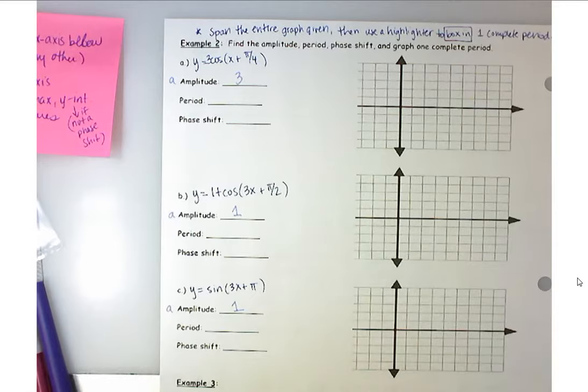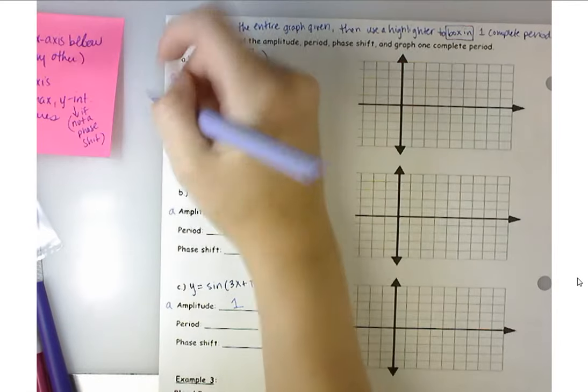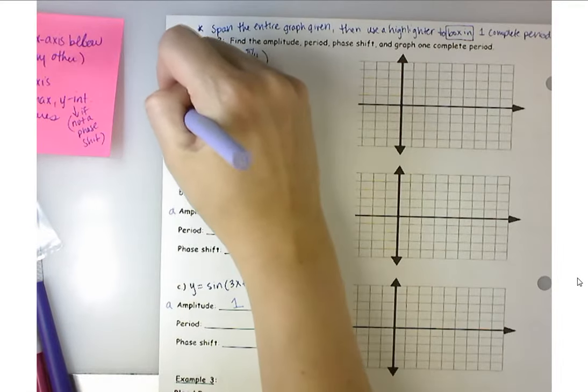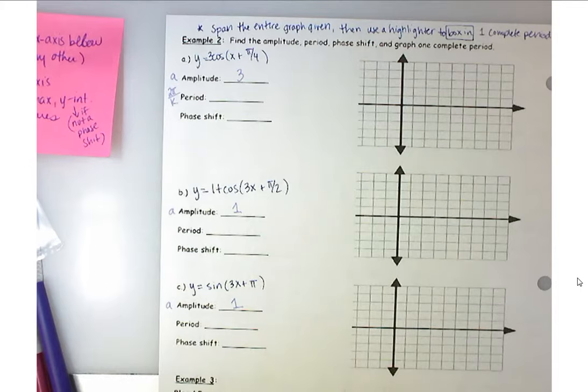Okay, so then your period is 2 pi over k. So I want you to go ahead and find your period for A, B, and C. Okay, so remember we talked about yesterday, where do you find k?